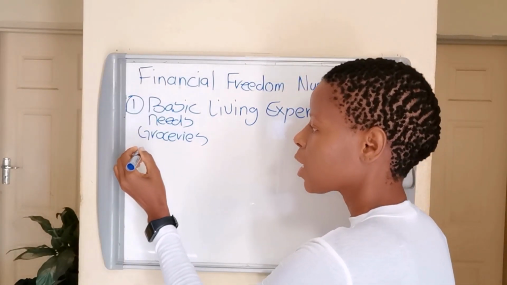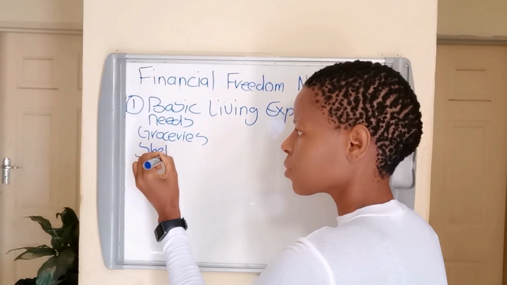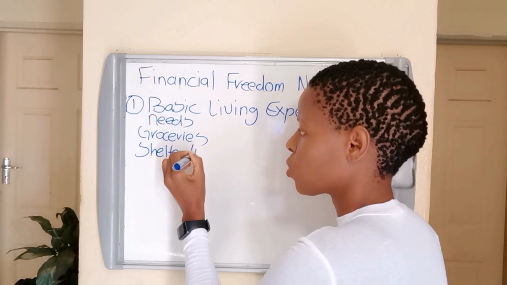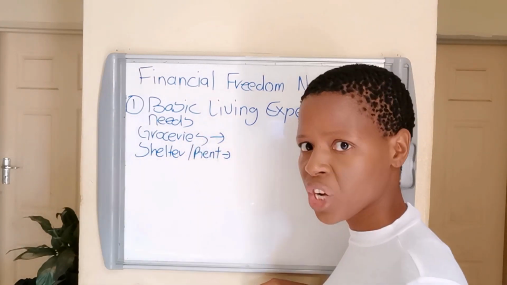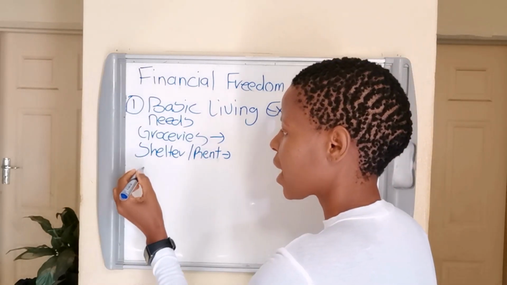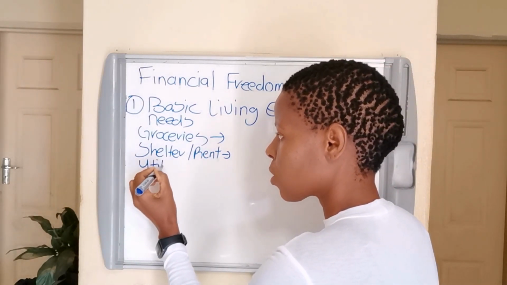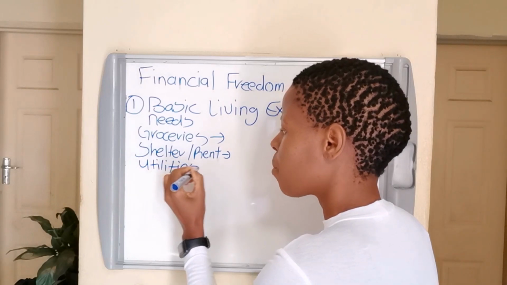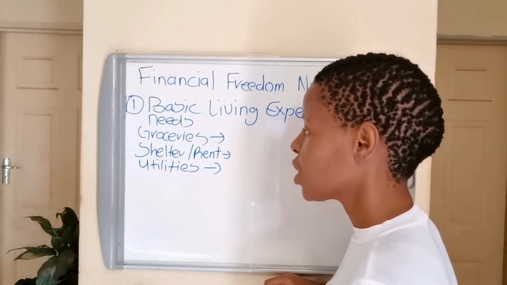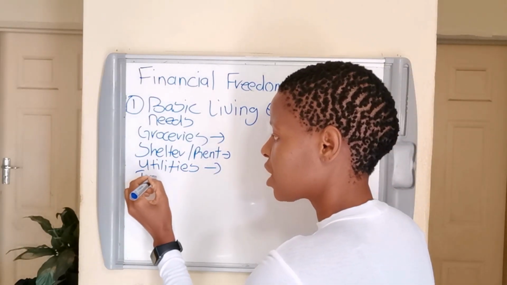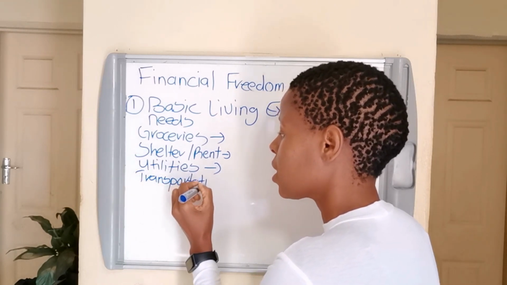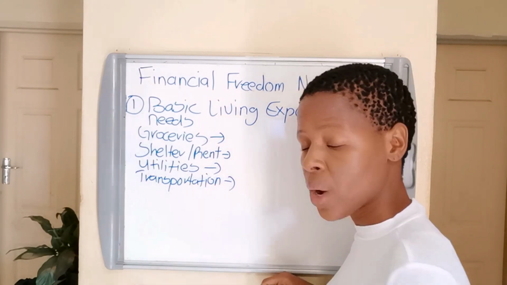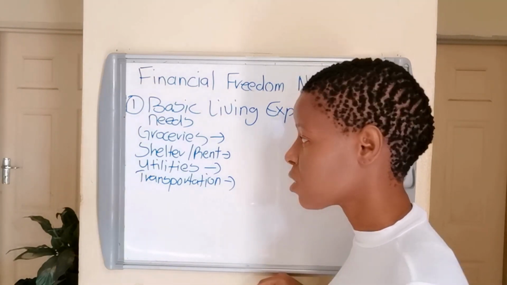We are talking shelter. Shelter here we can refer to mortgage or rent. So how much do you spend on shelter? How much do you spend on utilities? These are your basic needs. How much do you spend on transportation? Because you need to be moving from point A to point B, maybe for you to earn your income.